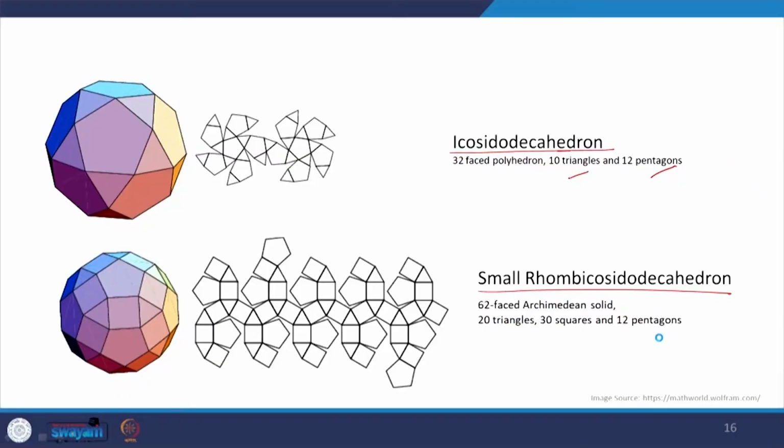However, if the truncation is so small that we get a 10-sided polygon, if this is how the solid is going to be truncated, we will get the truncated dodecahedron. Further, if we truncate it, we will get the great rhombicosidodecahedron. So there are basic families of Archimedean solids. We are deriving these out of cubes, tetrahedrons, octahedrons. So from the same Platonic solids, we are deriving the families of Archimedean solids.